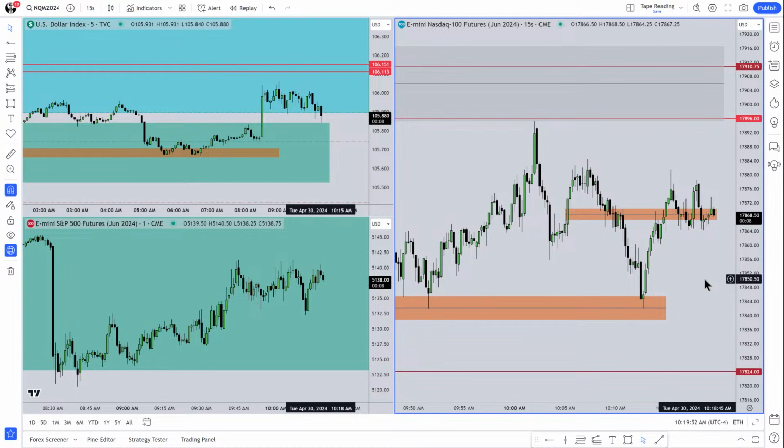All right, so dollar index has tapped its daily fair value gap high.